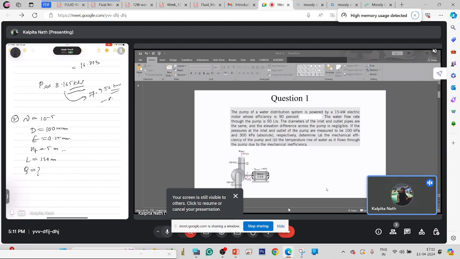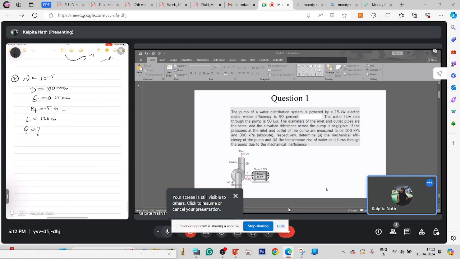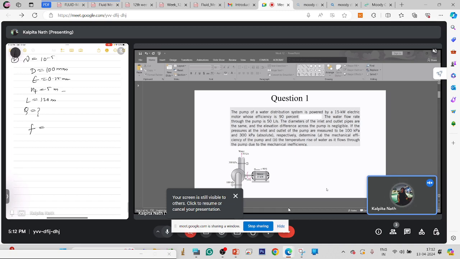So now we need to read from the Moody's diagram and find epsilon by D, but Reynolds number we don't know. For Reynolds number we need velocity. So we'll put a guess on the friction factor, and from that guess, since we already know epsilon by D, from the Moody's chart we can find the Reynolds number.